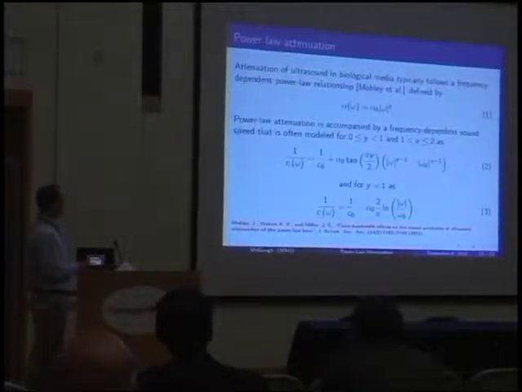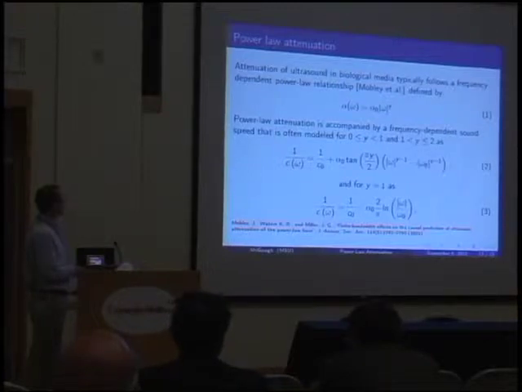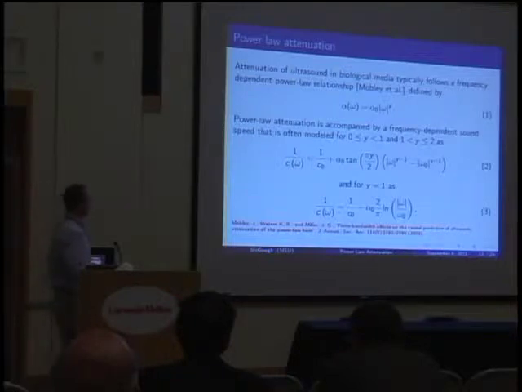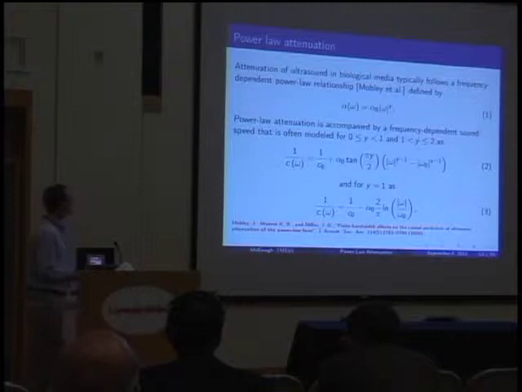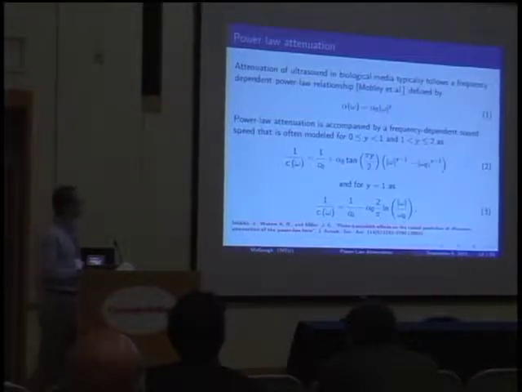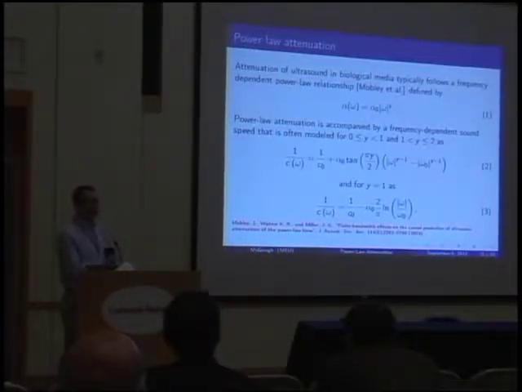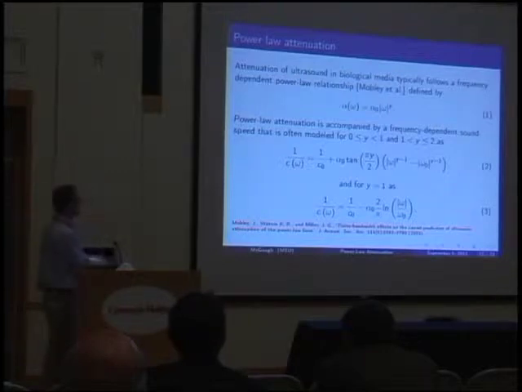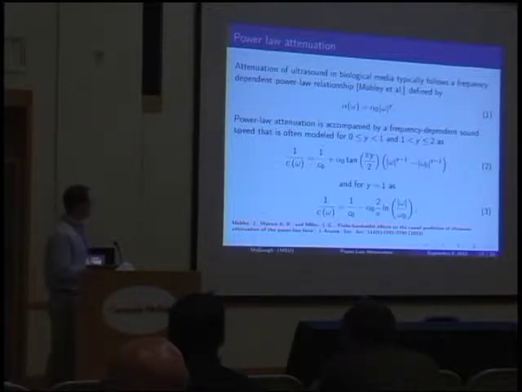So 1 over the frequency-dependent speed of sound is modeled by 1 over a constant value plus alpha naught times tangent of pi y over 2 multiplied by the difference between these two frequency terms. This expression is appropriate for values of y between 0 and 2, but not for y equal to 1. There's a singularity here, and so we use a different model to address that singularity problem, which is described right here.